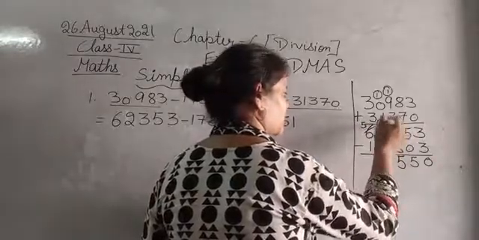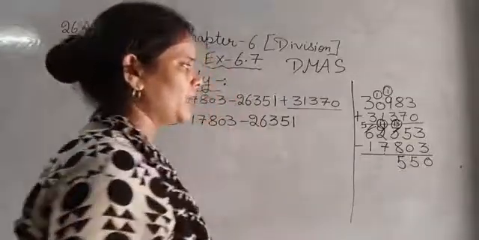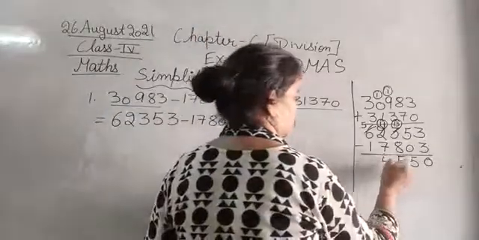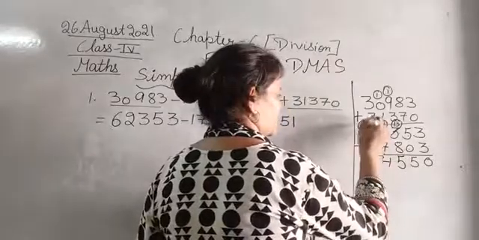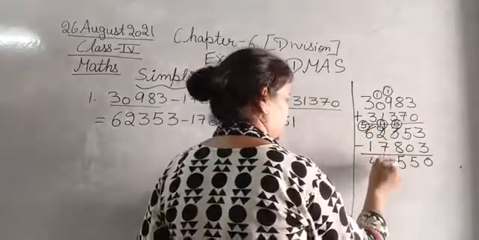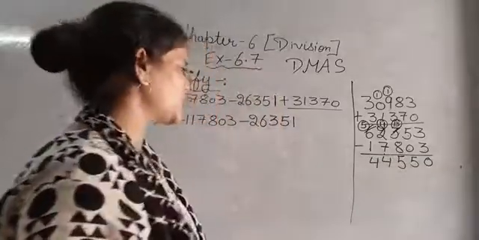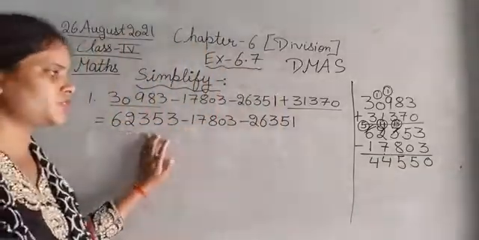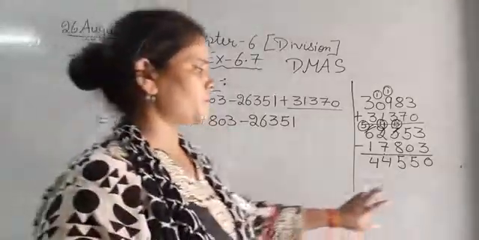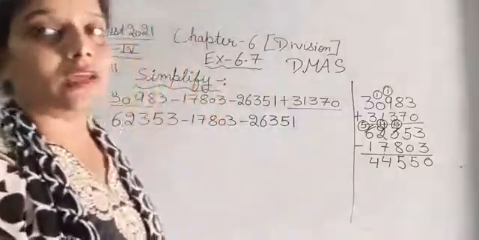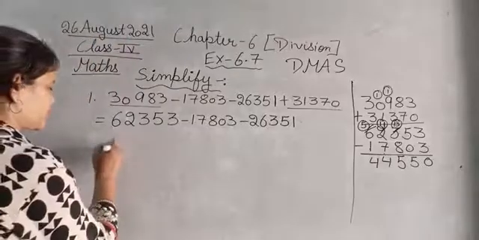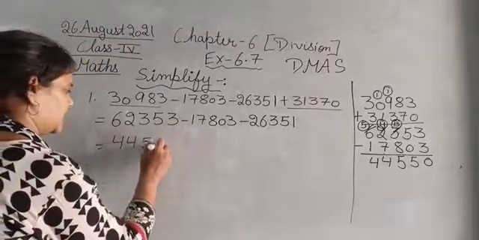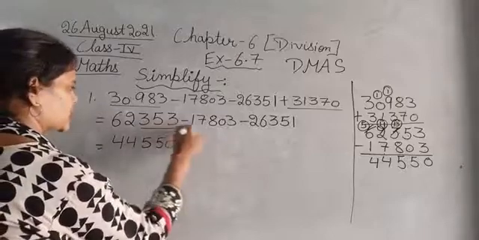This will become 11. 11 minus 7, 4. 5 minus 1, 4. So after subtracting 17,803 from 62,353, we got 44,550. So we have done this as well.